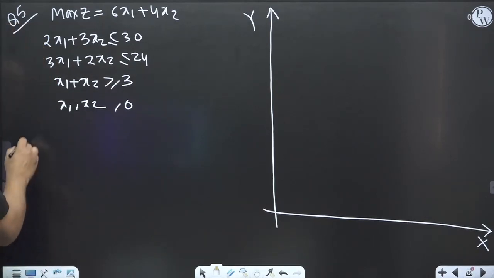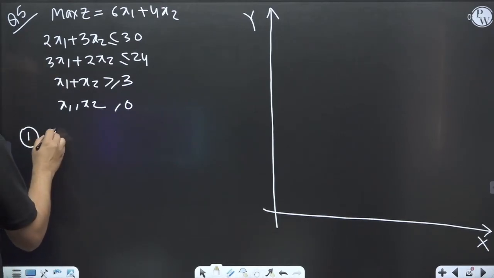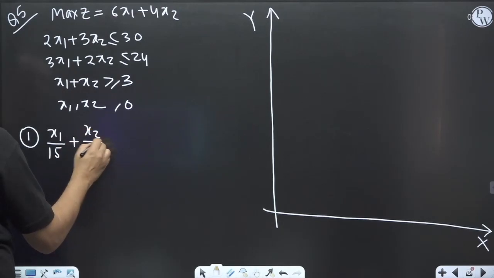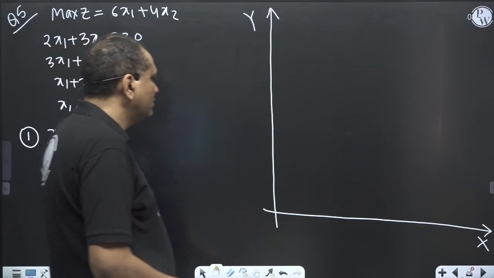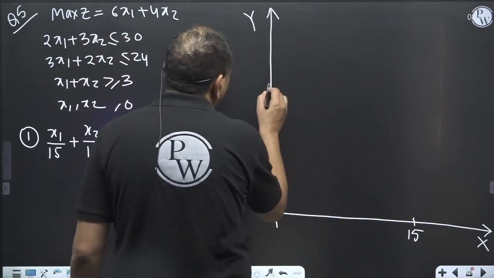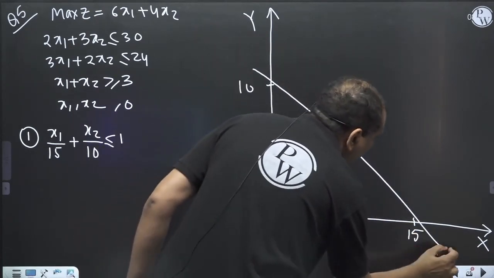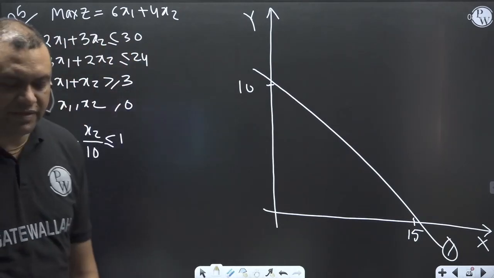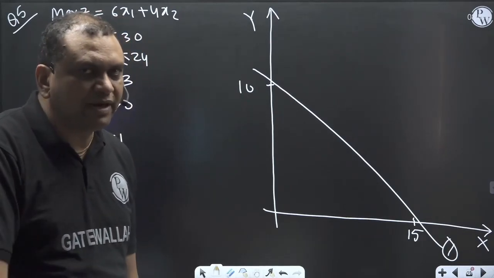First constraint, x1 divided by 15 plus x2 divided by 10 less than or equal to 1. So 15, 10, constraint 1. Now we are experts. Once again, in this one shot series, you should also have pen and paper with you. Practice together.